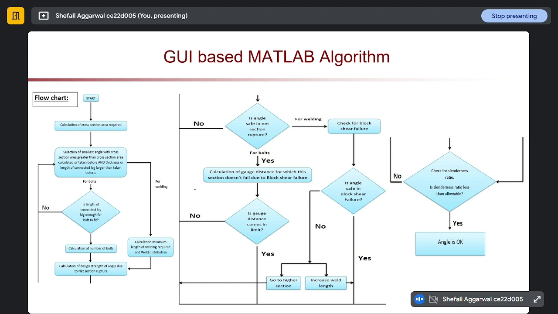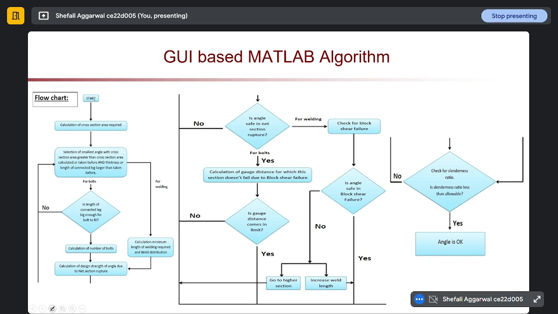Second thing you might have studied is how to use a MATLAB algorithm to do the design of any tension member in your system. So this is the flow chart which you might be following for MATLAB coding, and you might have already studied this in the class, so I won't go through it.